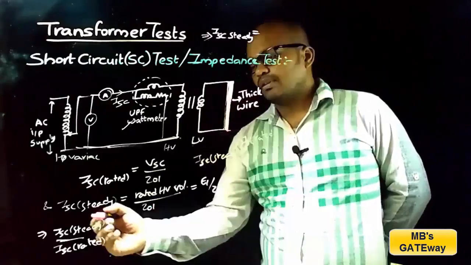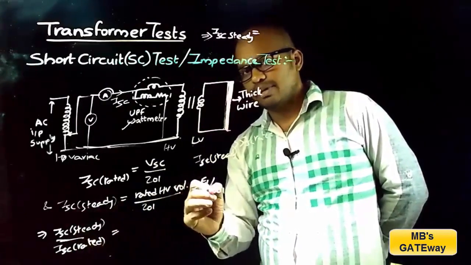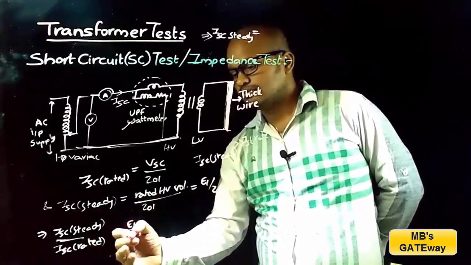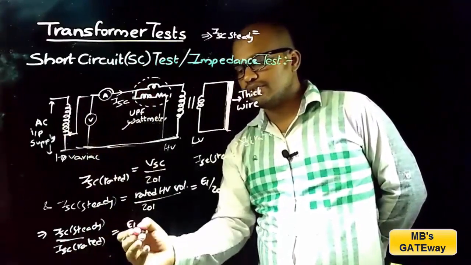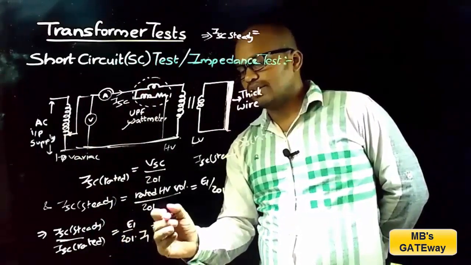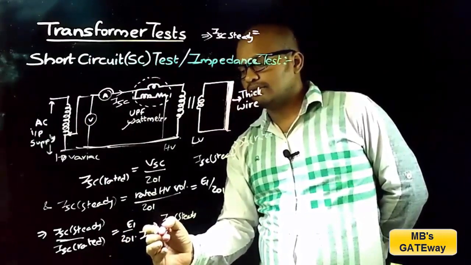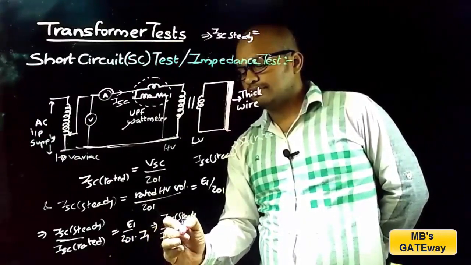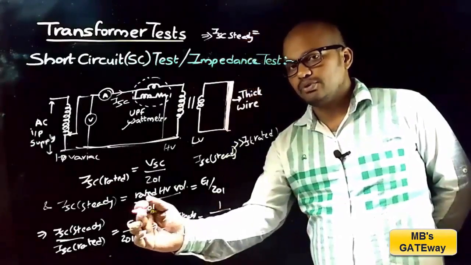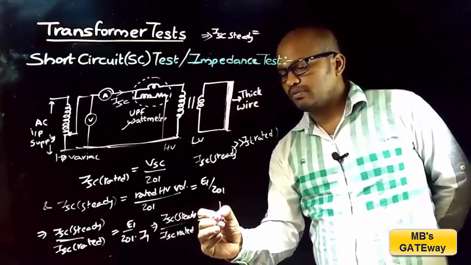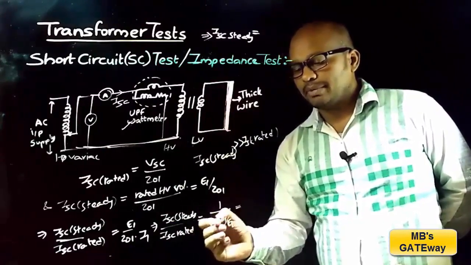And the ratio of ISC steady by ISC rated: ISC steady is E1 by Z01, and ISC rated is the short circuit current, which can be taken as I1. That implies ISC steady by ISC rated is equal to 1 by, and here I am taking E1 to the denominator, so I1 Z01 by E1, and this represents the per unit impedance drop.